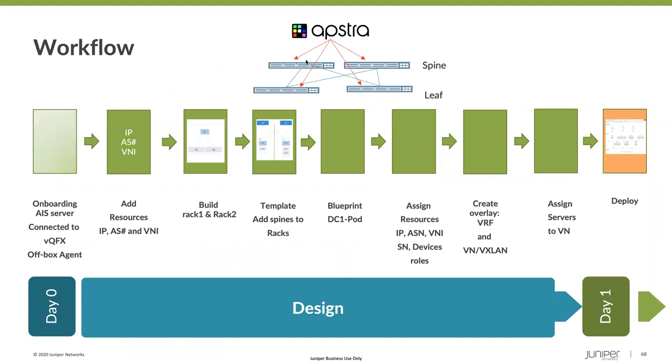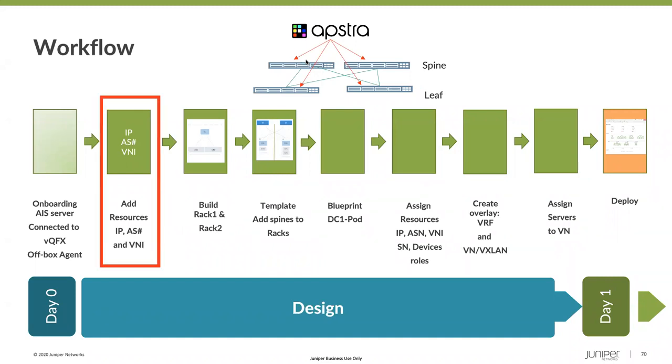And this is the workflow from day 0 to day 1. If you remember, we will look into day 2 after the break. So in order to do the design and the deployment, there are just a few steps you need to do. In this case, I have already done the first one, which is onboarding. What that means is, if you remember, you need out-of-band management.